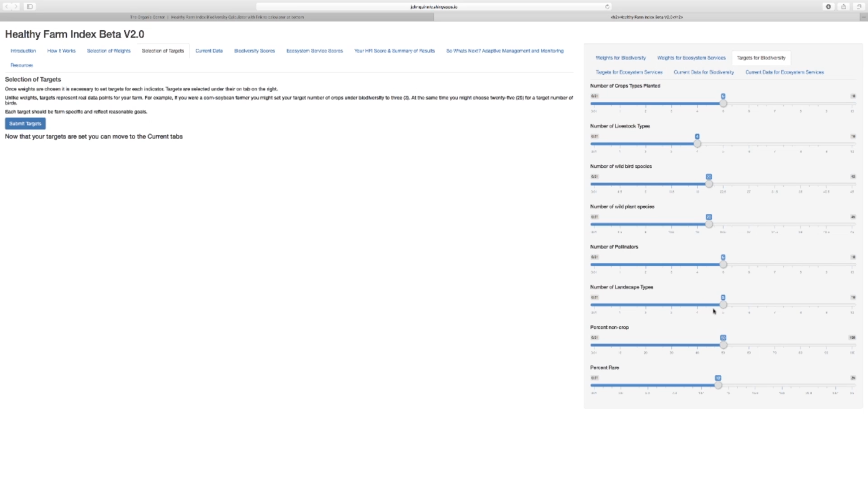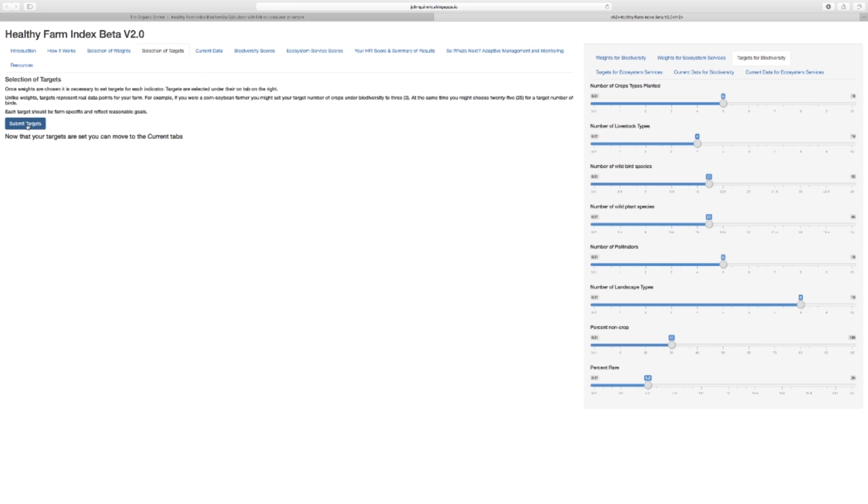Pollinators, you're happy with 5. Landscape types, you're at 4 now. You'd like to be at 8. You'd like to actually maybe have 30% of your farm as non-crop habitat. And then currently you only have a small percent of it as rare, but you'd like to see that increased.